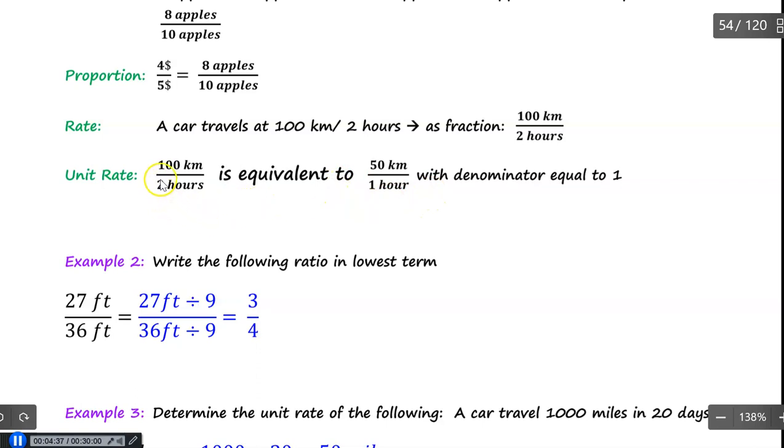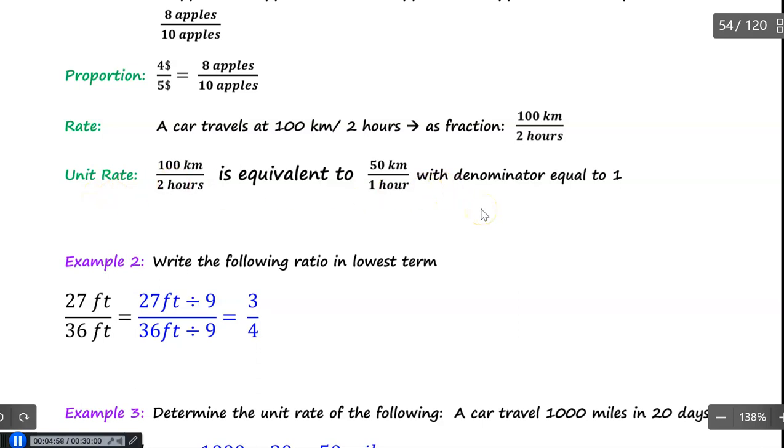So a car traveling at 100 kilometers per 2 hours is equivalent to driving at 50 kilometers per hour, and since the denominator is equal to 1, this 50 kilometers per hour represents the unit rate.